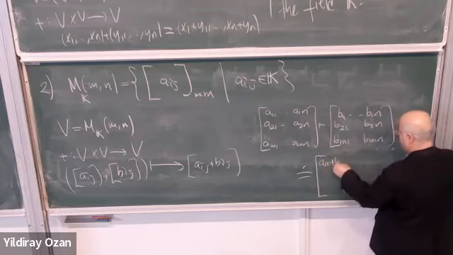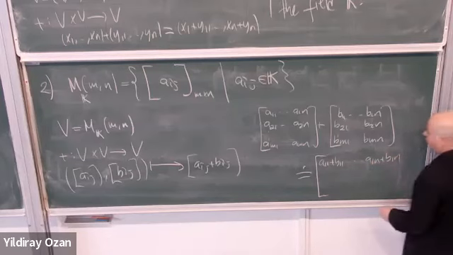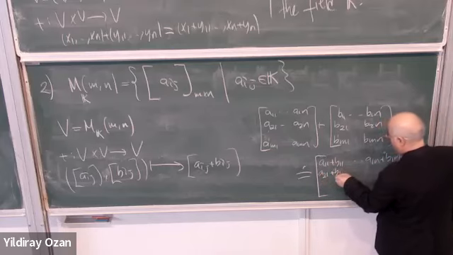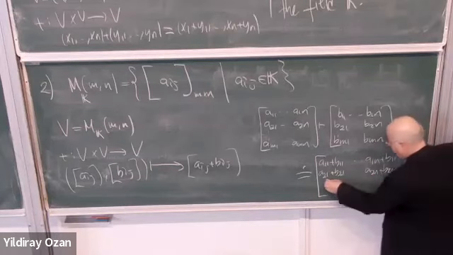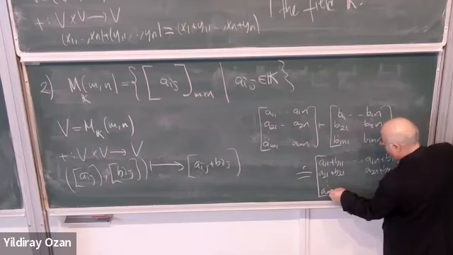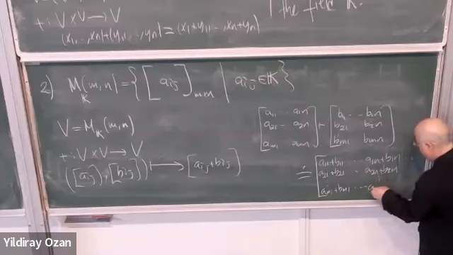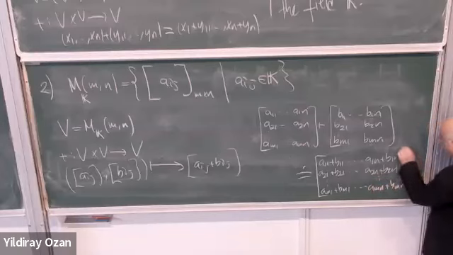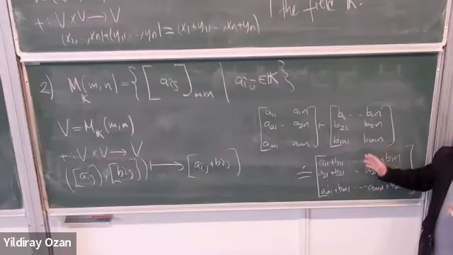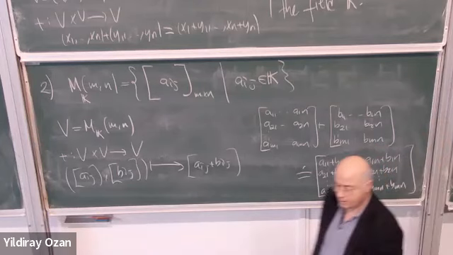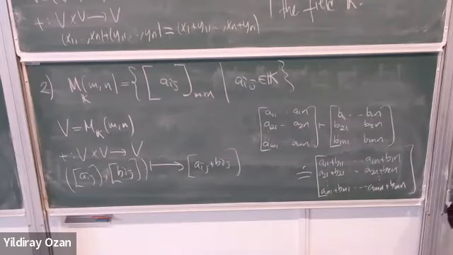So A11 plus B11, A1N plus B1N, A21 plus B21, A2N plus B2N, AM1 plus BM1, AMN plus BMN. Okay. If there is anything you don't understand, just ask me, okay? I'm just going over what we have done last time, last semester.